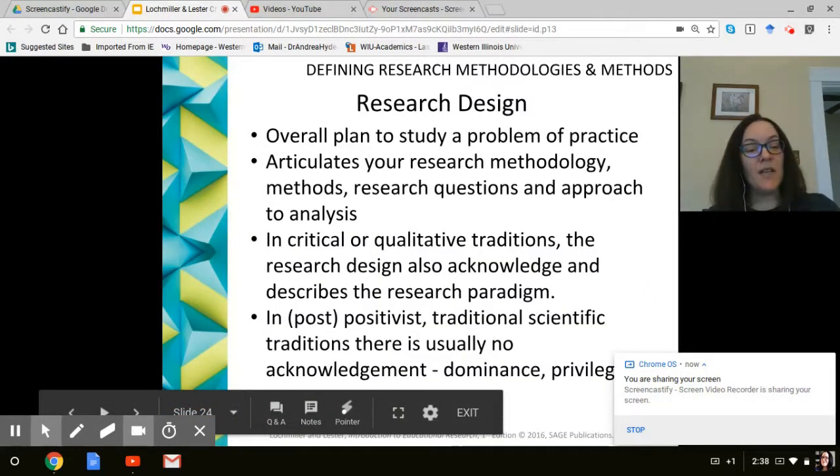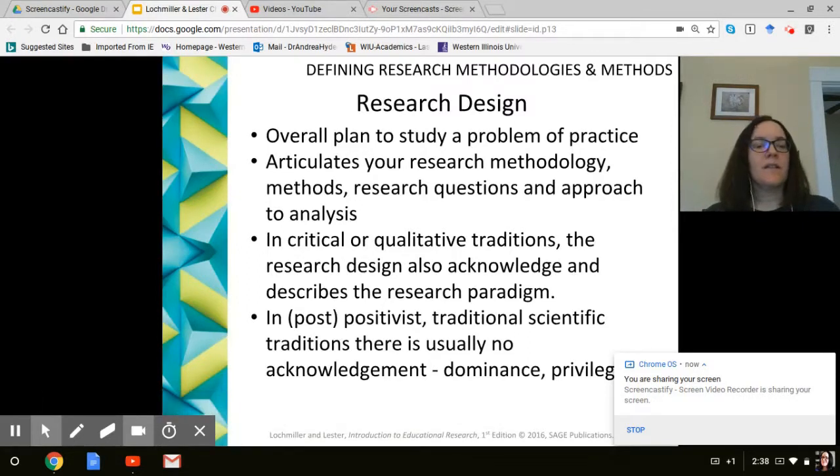So research design is even broader than methodology. Research design is your entire plan for studying the problem of practice. And when you're writing a research proposal, there are going to be several subcategories under your research design.